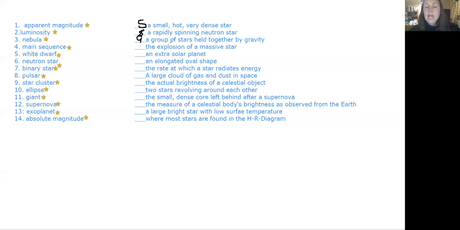So you have stars out in the universe, and these stars in particular are held closely together because of the gravitational pull of each of them. Just like our planets are held in our solar system by the gravitational pull of the sun, these star clusters are stars held together in a grouping because of the gravitational pull between them.